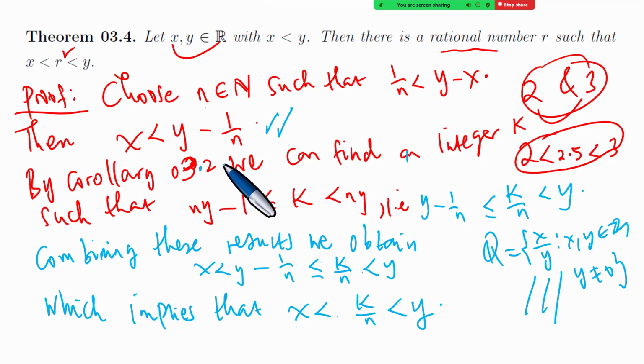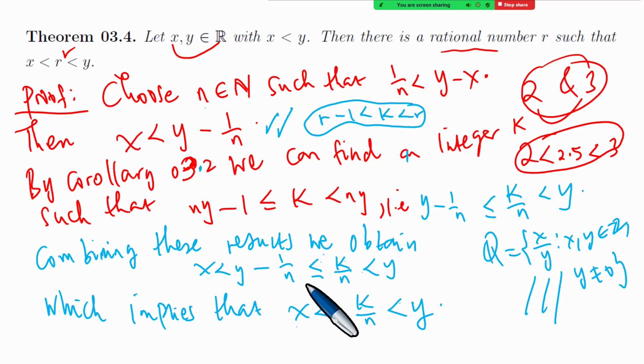Now, if you multiply through by n, you have ny minus 1. So now you have ny minus 1 is less than or equal to k, which is less than or equal to ny. In the same way that before we said r minus 1 is less than k, less than r in corollary 03.2.